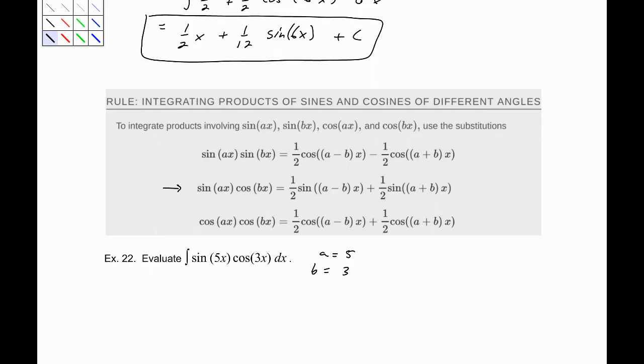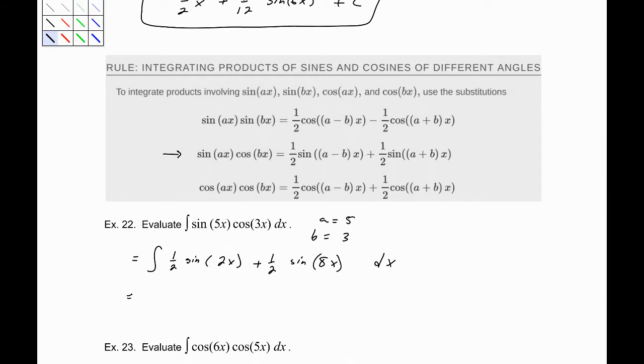So this is going to be the integral of 1/2 sine of a minus b, so that'll be 2x, plus 1/2 sine of a plus b, 8x dx, which will be negative 1/4, because we have cosine of 2x, minus 1/16 cosine 8x plus c.